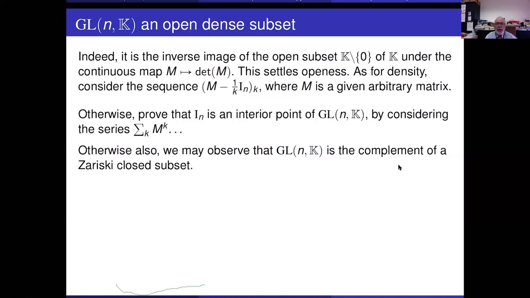Okay, and GL_n of K appears as the inverse image of an open set, which is exactly K from which we have taken out the point 0. This is an open set inside K, and we take its inverse image by the continuous map given by the determinant. So this settles the openness. It is the inverse image of an open set by a continuous map, so it is open.